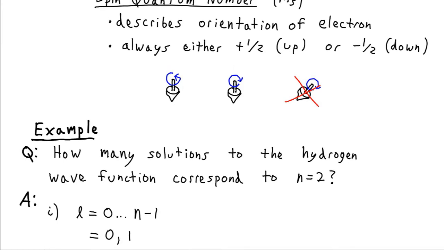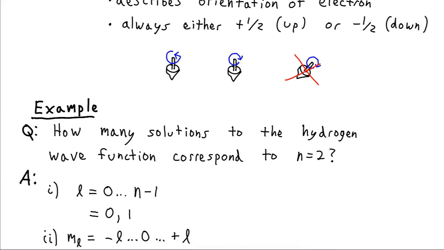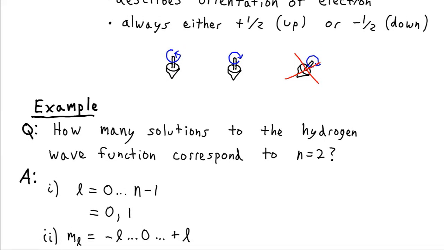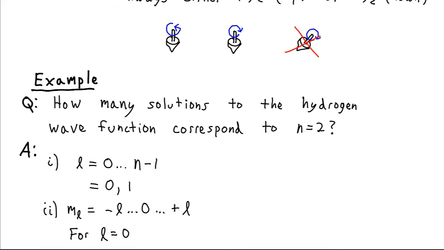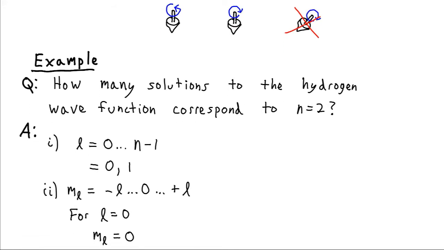Well, if we follow our rules, once we've chosen n equals 2, then L will be allowed any values up to 2 minus 1, starting from 0, so it can be either 0 or 1. Now, m sub L can range from minus L to positive L, so if L is equal to 0, m sub L doesn't have a lot of options. It can just be 0.